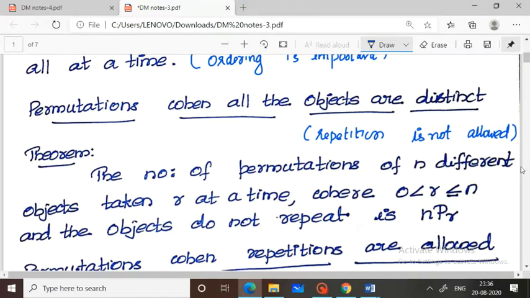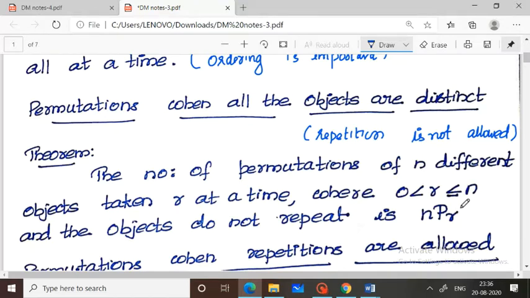The statement is: the number of permutations of n different objects taken r at a time, where 0 < r ≤ n, maybe r is equal to the total number of objects or less than the number of objects, but it should be greater than 0, and the objects do not repeat. That is nPr.